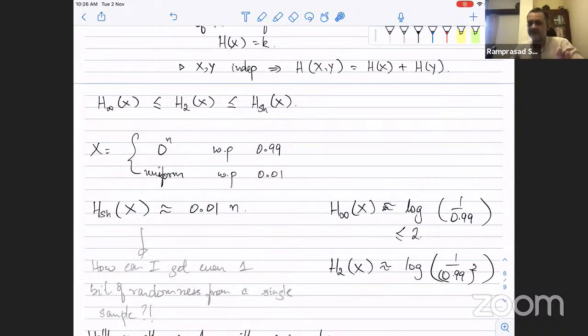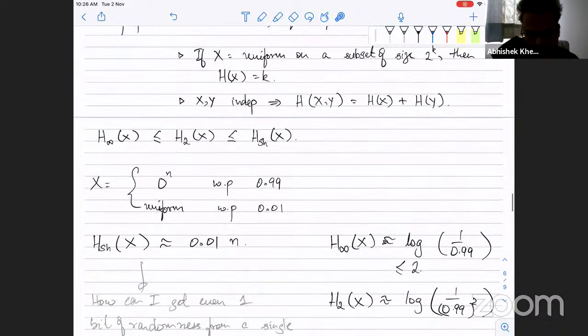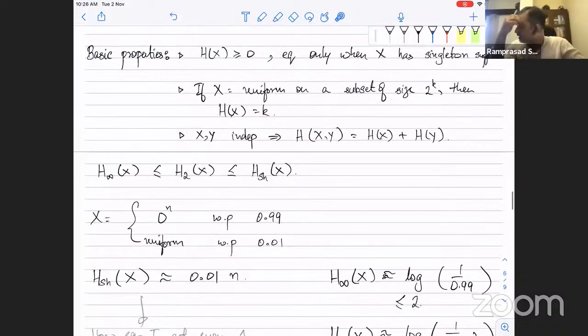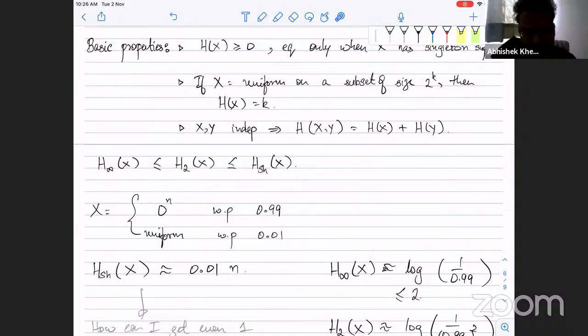The data processing inequality also holds for Shannon entropy, I know that much, and I have a feeling it also holds here. It should. There should be an analogous data processing inequality for these, though I have to verify. I'm saying this only because these all seem to be natural definitions of entropy, and the data processing inequality seems like a natural ask, so I suppose it should be satisfied.